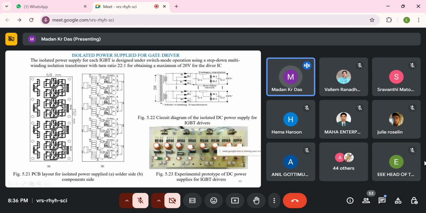Now this is the isolation power supply, meaning the driver circuit requires a plus 20 volt supply. This is the circuit of the driver power supply, and this is the complete power supply provided for every switch. In this circuit we have used bridge type diodes.